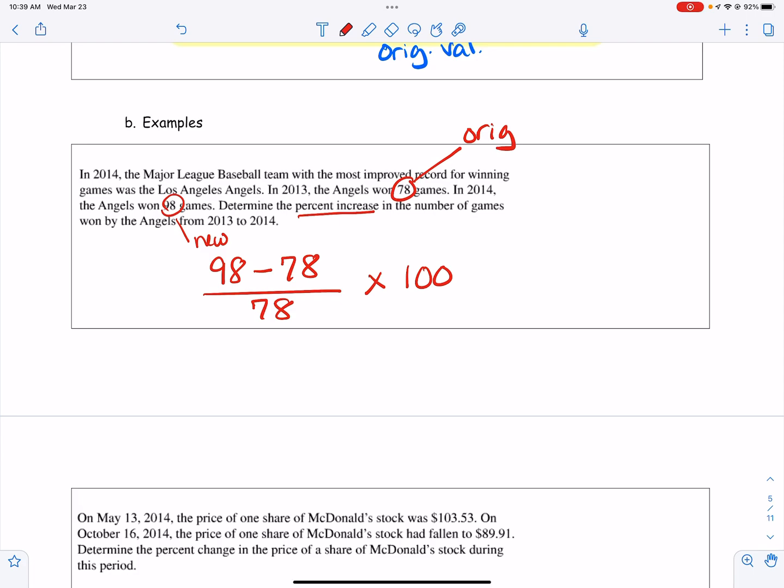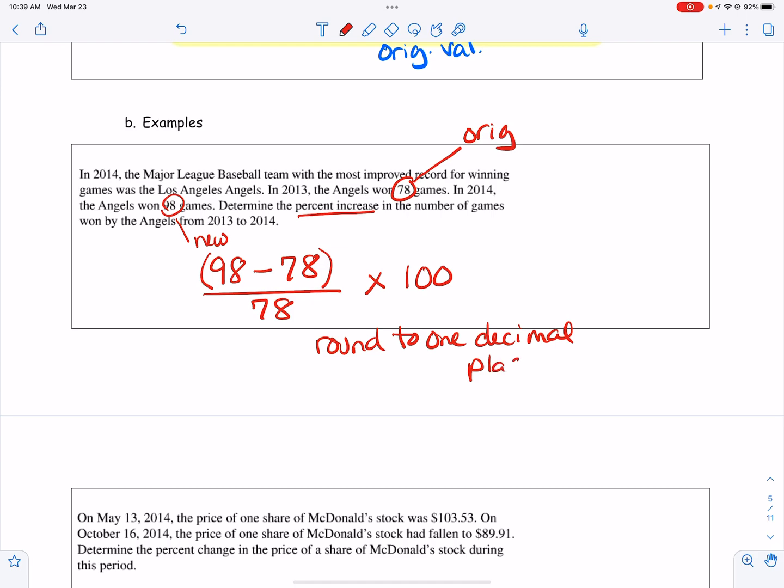Now here's where you have to be careful. When you enter this in your calculator, you must either hit equals after your subtraction sign or put those in parentheses. And we're going to just say round to 1 decimal place, okay?